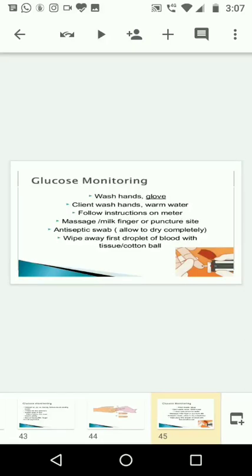After that, milk or massage the patient's finger so that blood is easily accessible. Then use an antiseptic swab and allow the swab to dry. Then wipe away the first drop of blood with a tissue or cotton ball so that the sample is not contaminated.